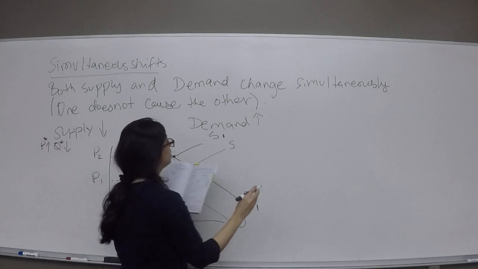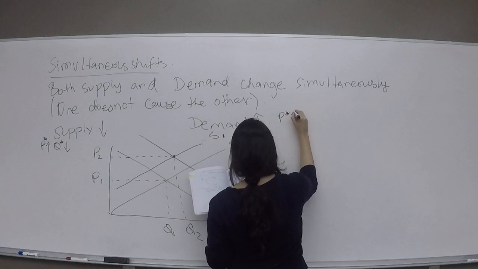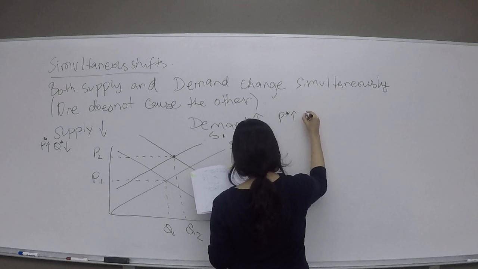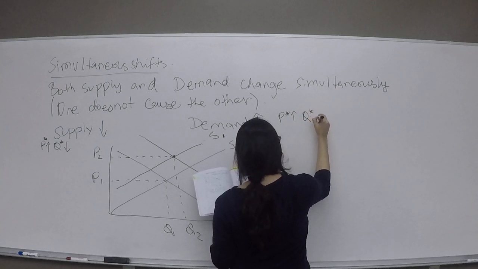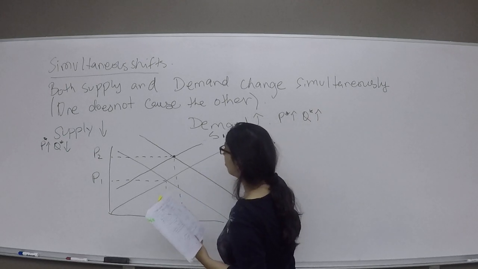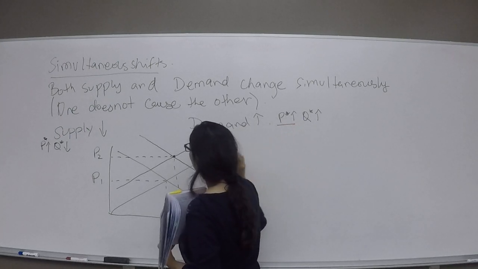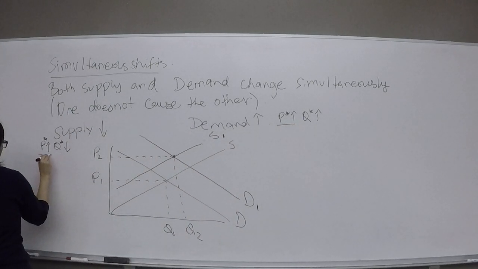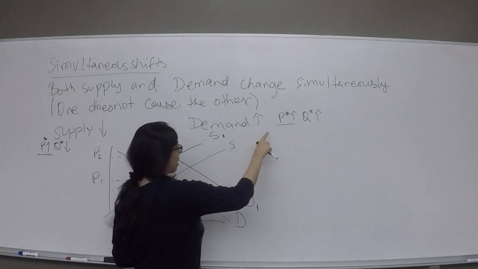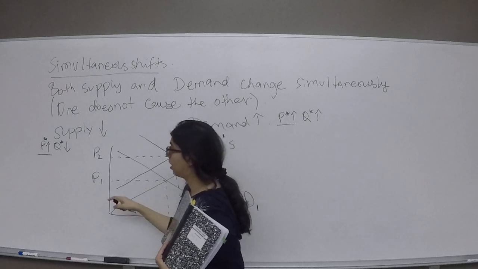And from previously, we know that when demand increases, equilibrium price increases, equilibrium quantity increases. When they both happen simultaneously, price will definitely increase because they both have this factor in common, right?